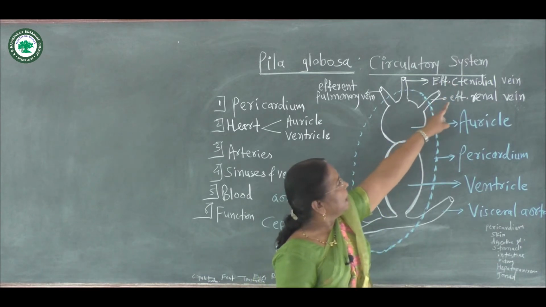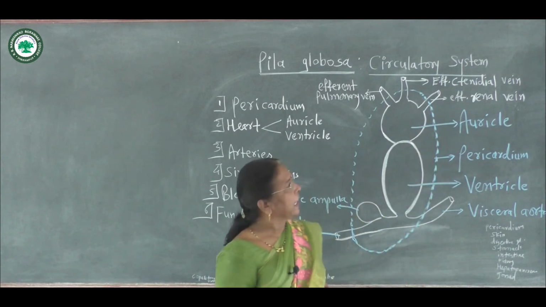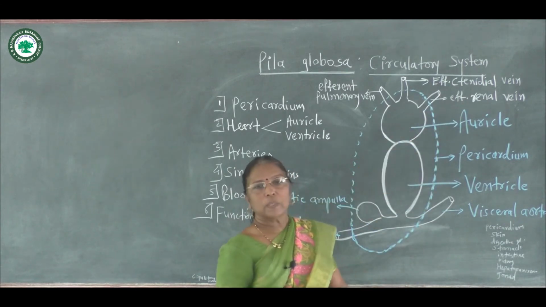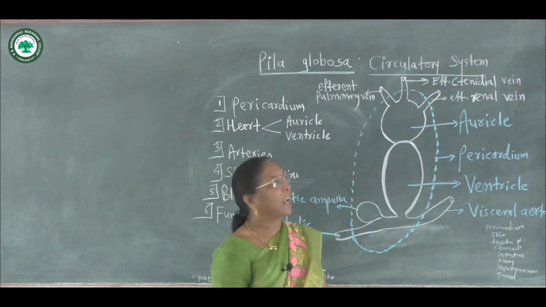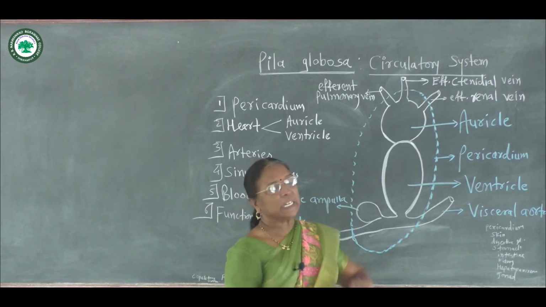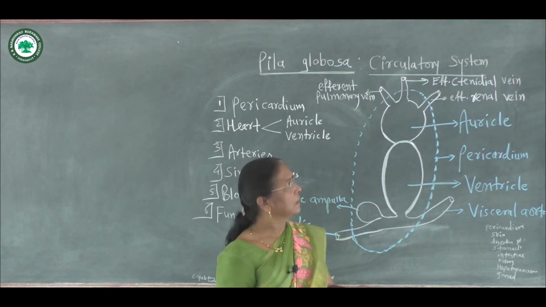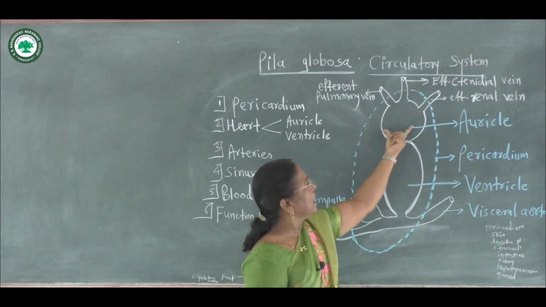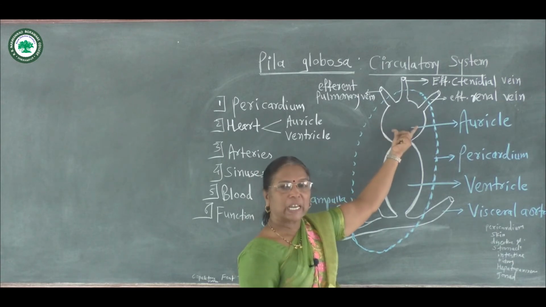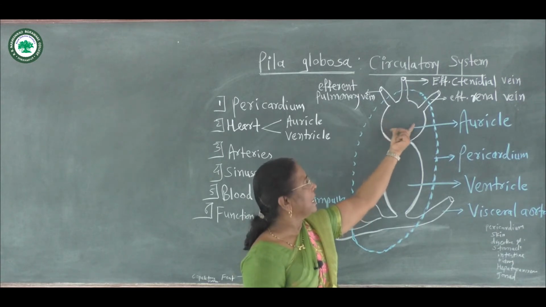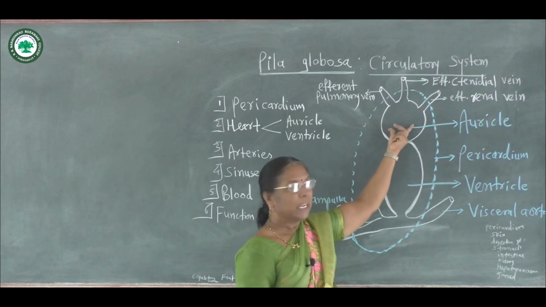Then third, the efferent renal vein. It receives deoxygenated blood from the posterior renal chamber. Thus, the auricle has mixed type of blood.